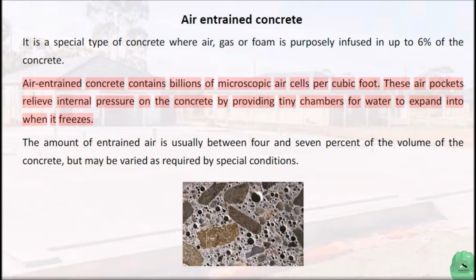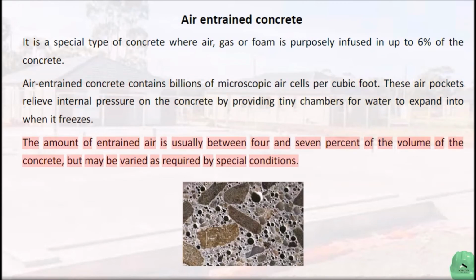These air pockets relieve internal pressure on the concrete by providing tiny chambers for water to expand into when it freezes. The amount of entrained air is usually between 4 and 7% of the volume of the concrete, but may be varied as required by special conditions.